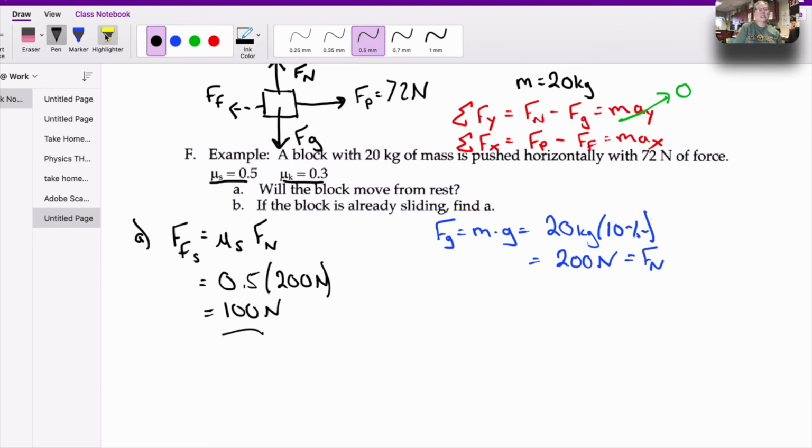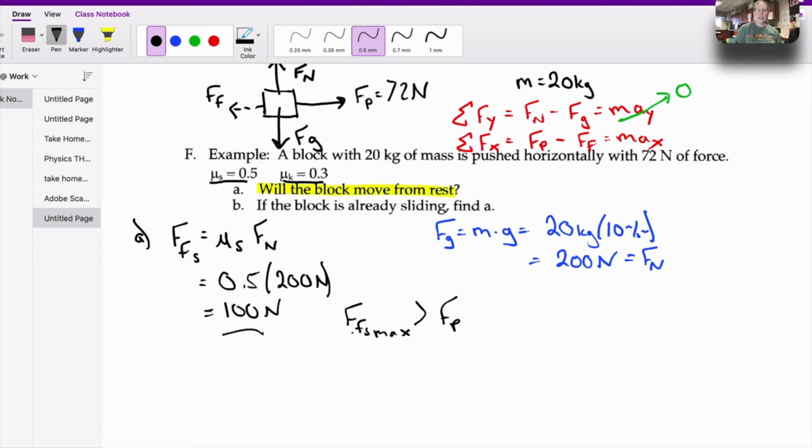The question again says, will the block move from rest? So my force of static friction maximum is greater than my force of push.